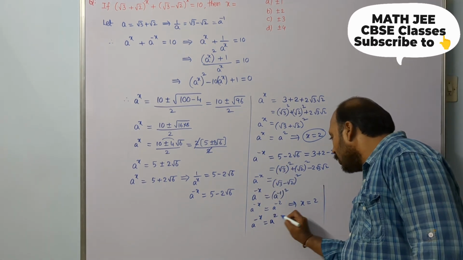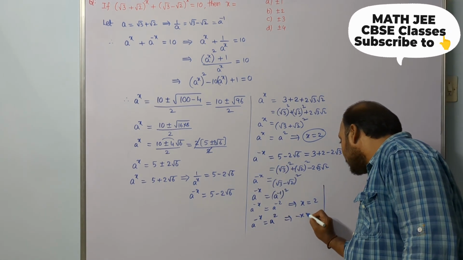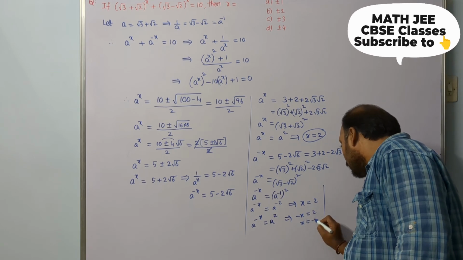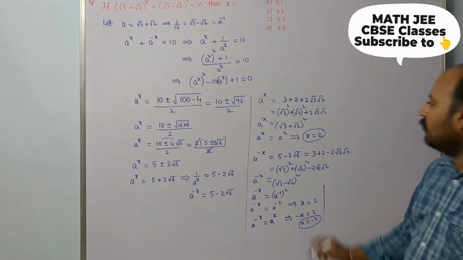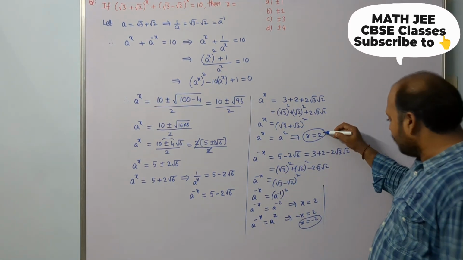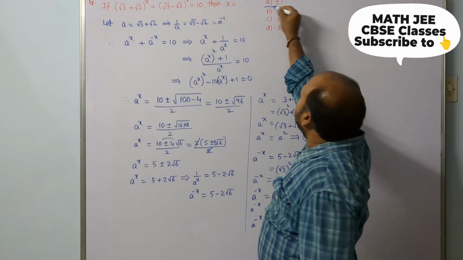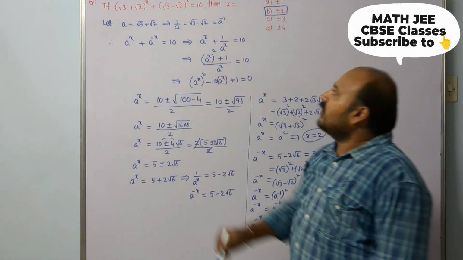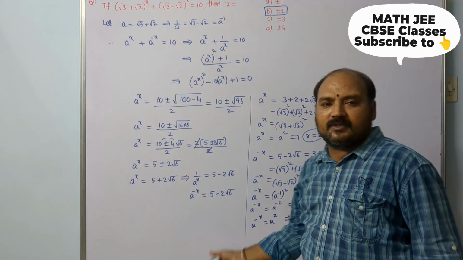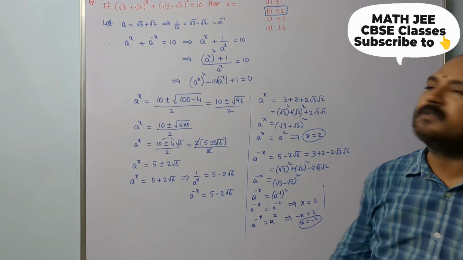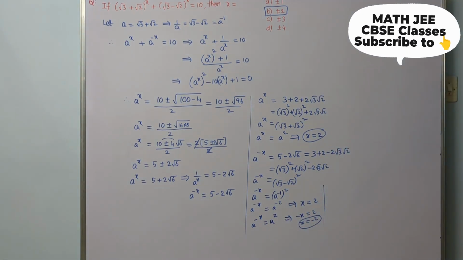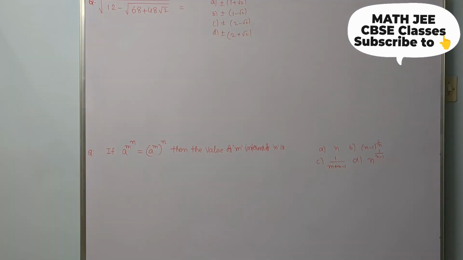So a power 2 also, it comes minus x equal to 2, so x equal to minus 2. In both the cases it comes. So plus 2 or minus 2 both will come. Another method is also there for that. We can do it, students. We'll move on to another question.